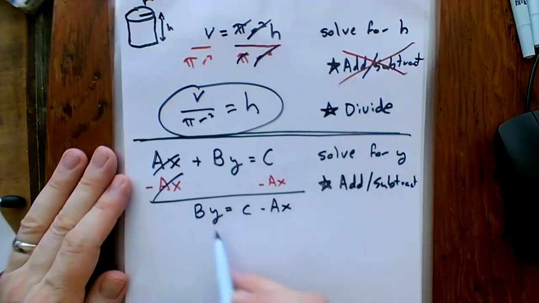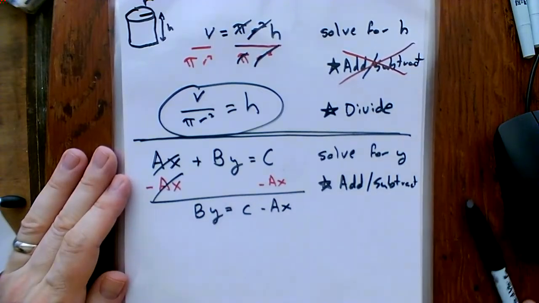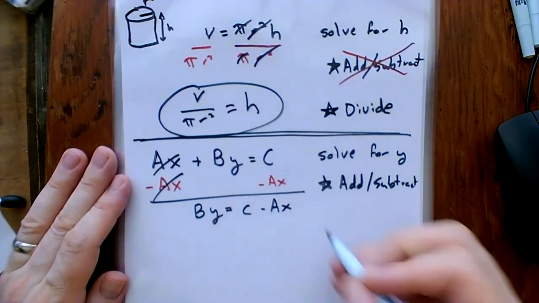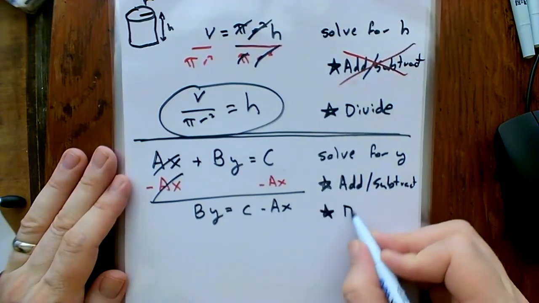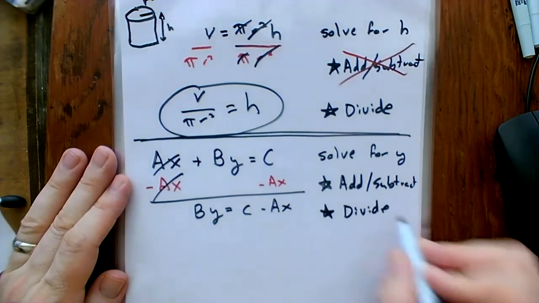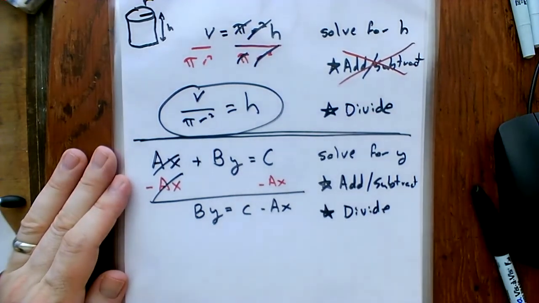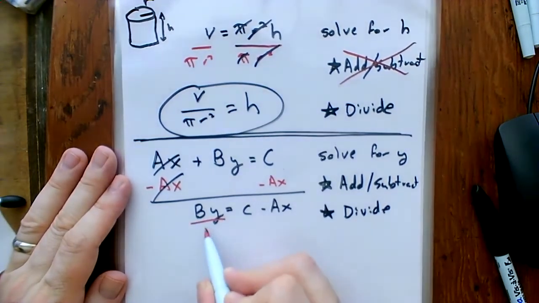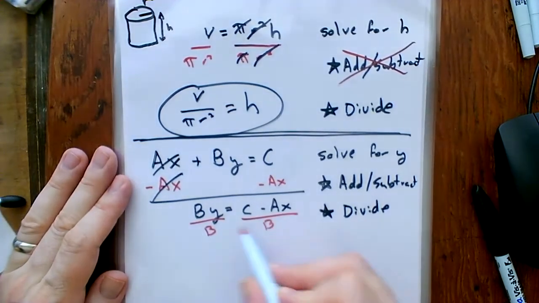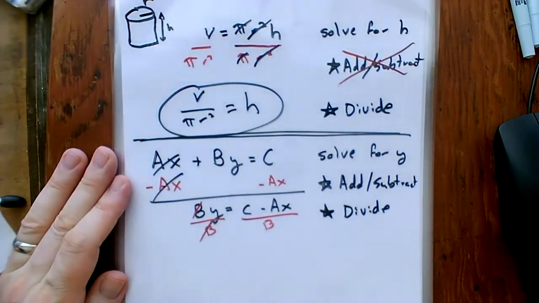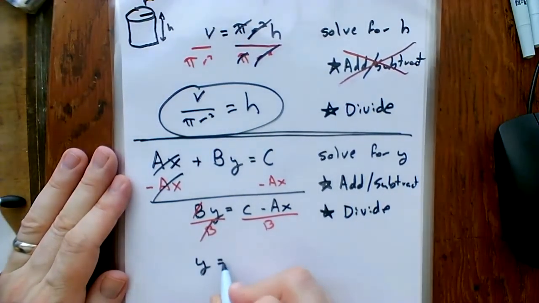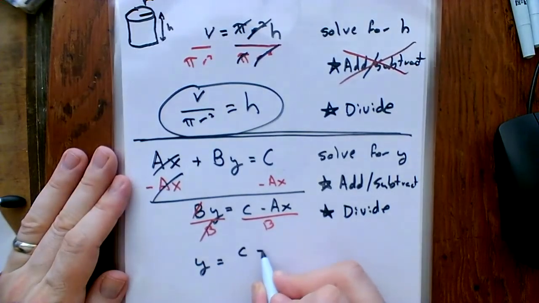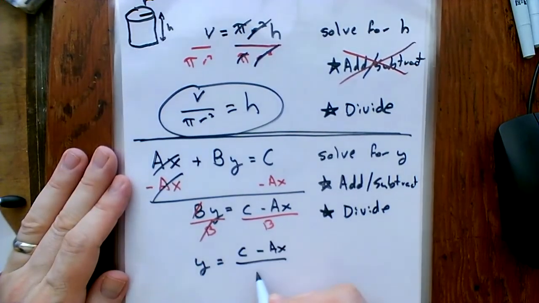So we've added or subtracted. We've isolated that y term. Now I'm going to divide both sides by b. And now I've got my y by itself. I've got c minus ax over b.